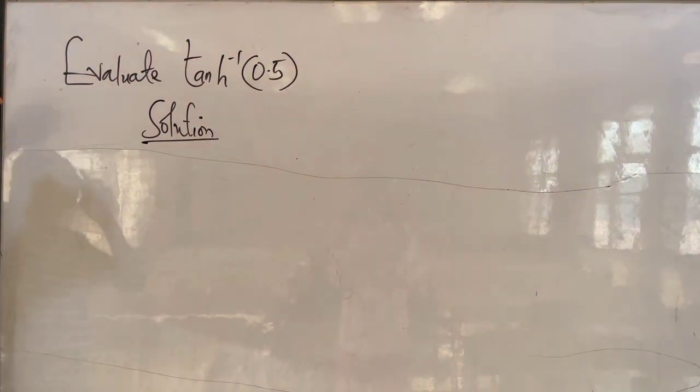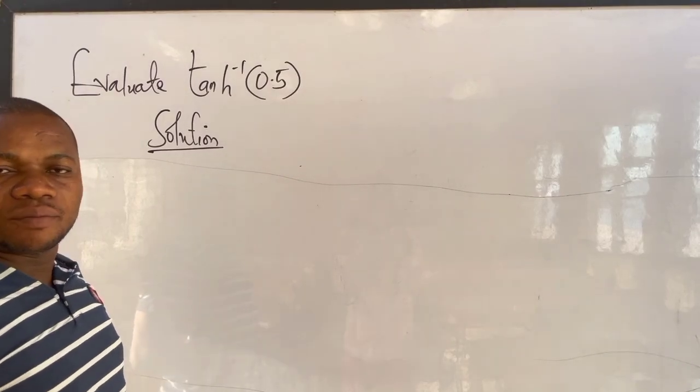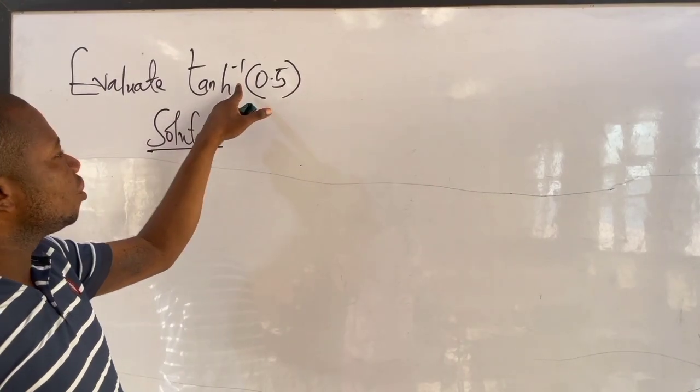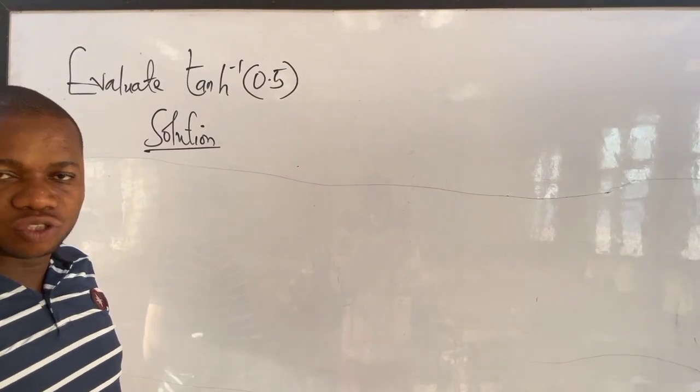Now, the best way to deal with this kind of question is to understand and know your formula that has to do with tanh when it comes to hyperbolic functions.